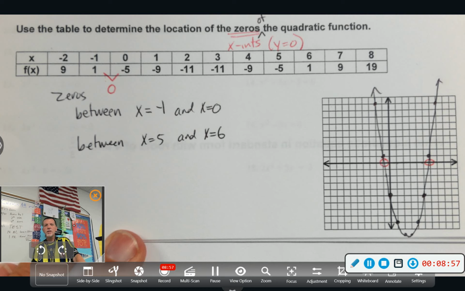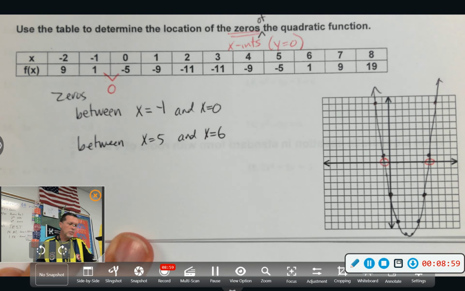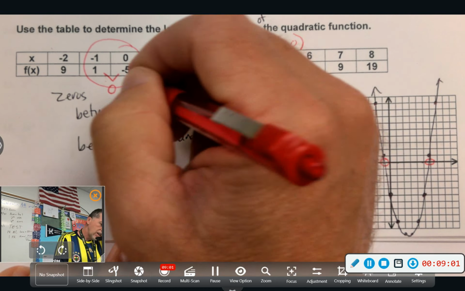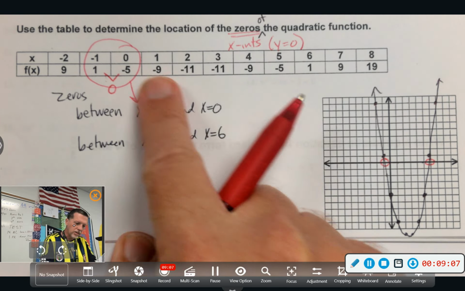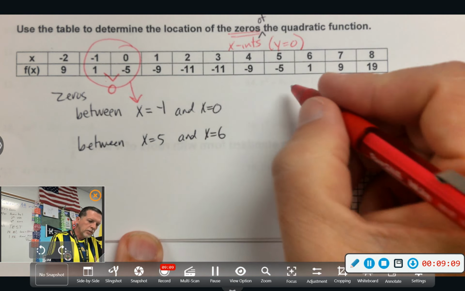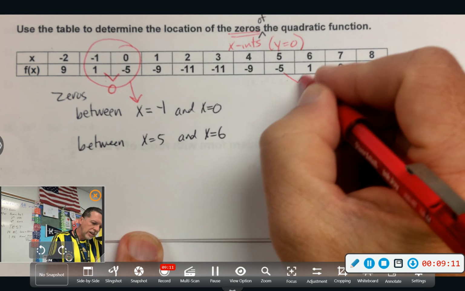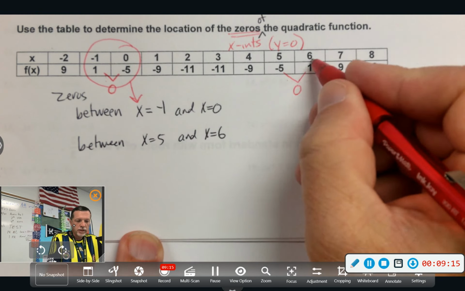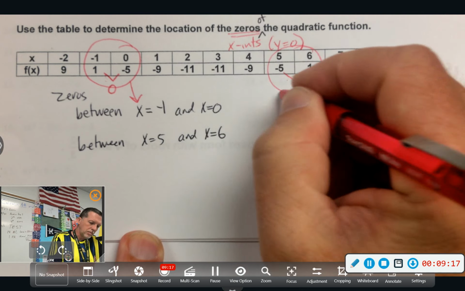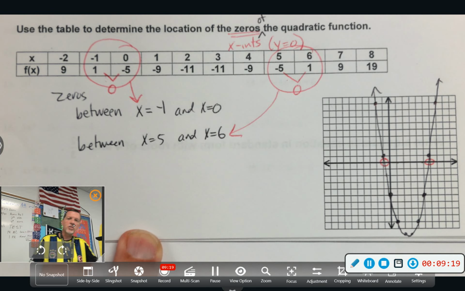To get from 1 to -5, we've got to go through 0 somewhere. So there's got to be a 0 between -1 and 0. And then same thing on the other end over here. When we go from -5 to 1, there's got to be a 0 in there somewhere. Probably closer to 6, but can't say for sure. We'll just say it's between 5 and 6.